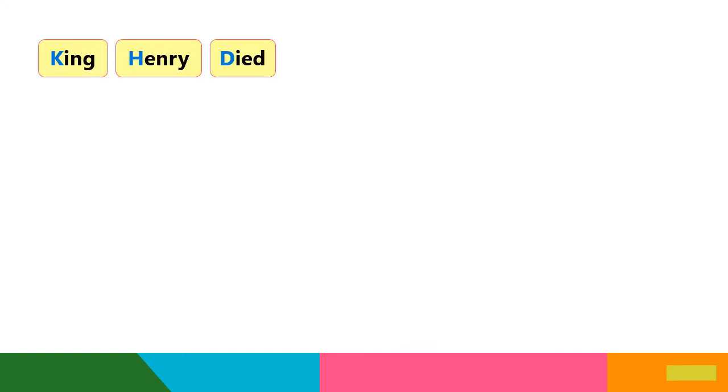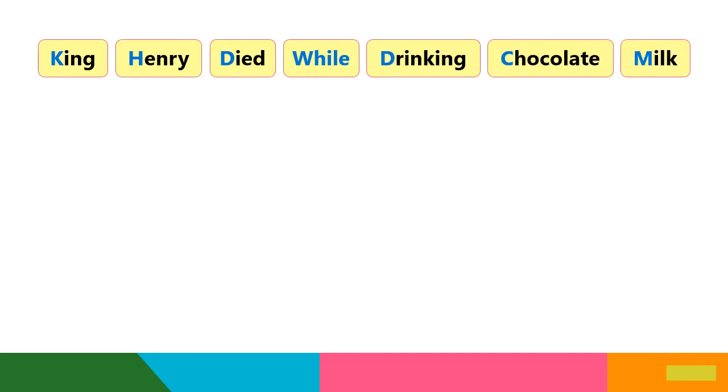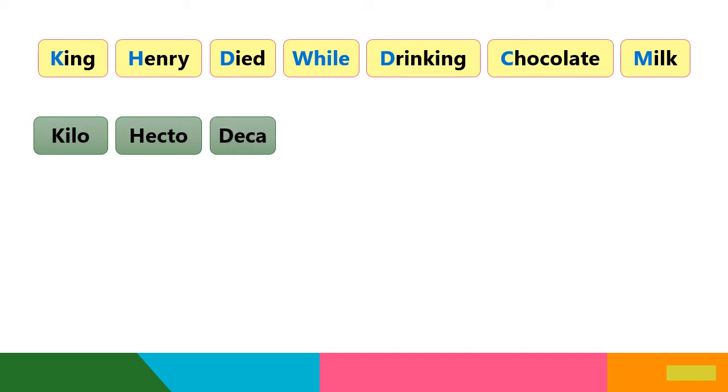To learn the correct order, we can keep in mind a simple statement. King Henry died while drinking chocolate milk. Here, K of king means kilo, H of Henry means hecto, D of died means deca, while is used for standard units that are meter, gram, liter.